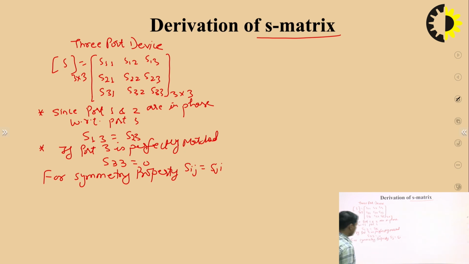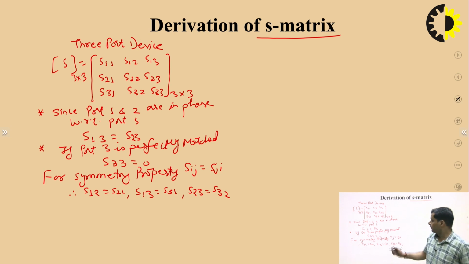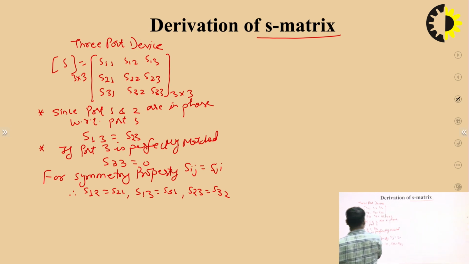That means S12 is equal to S21. After that, S13 is equal to S31 and S23 is equal to S32. So we can now apply all these to the above matrix S.